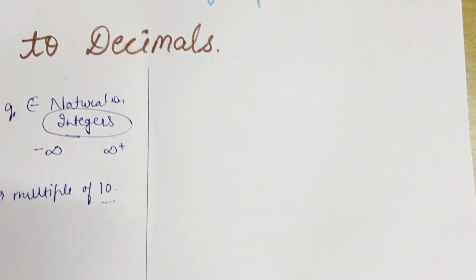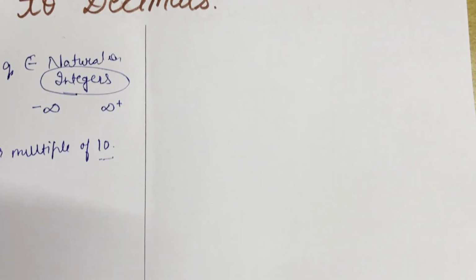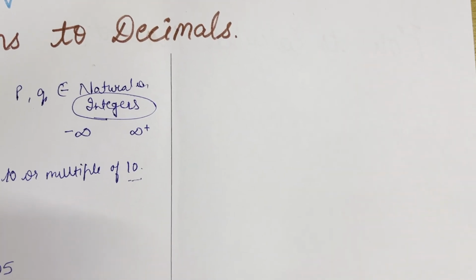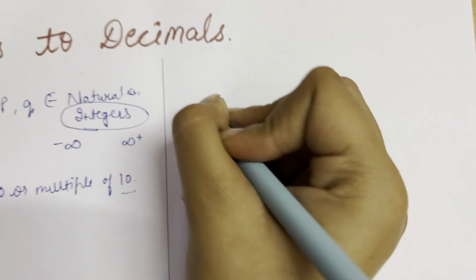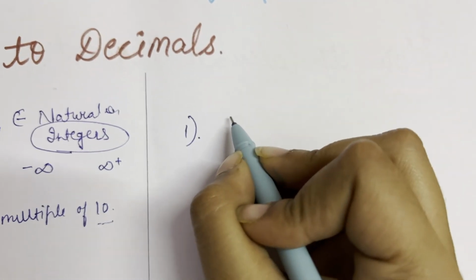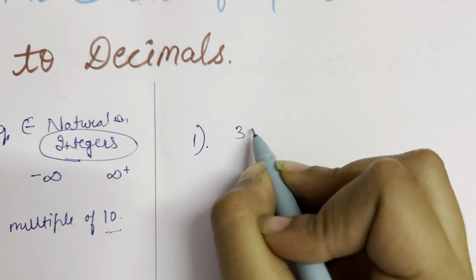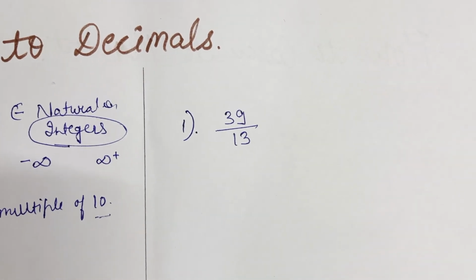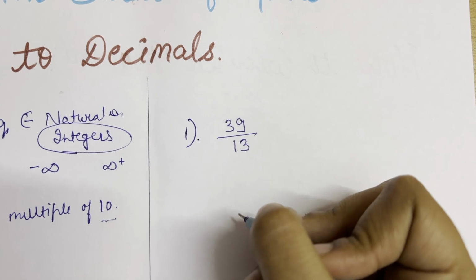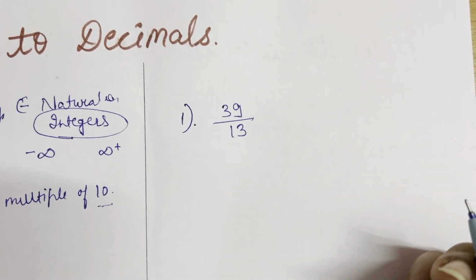The second part, when the denominator is not 10 or a multiple of 10. What we will do, let's say I took the example as 39 by 13. Okay, how will we convert this?